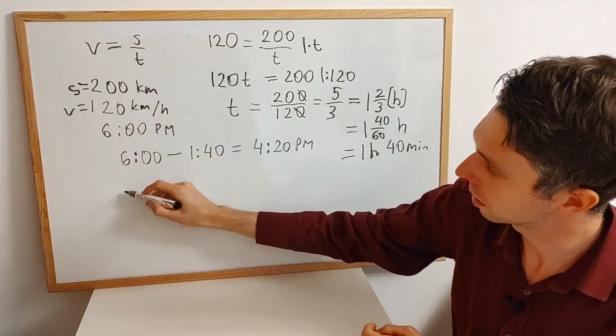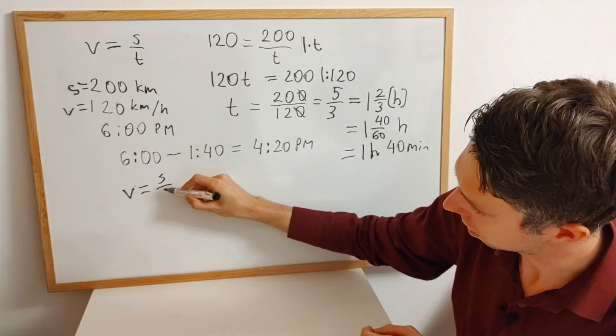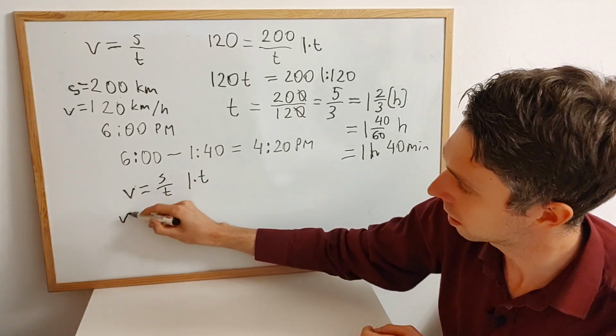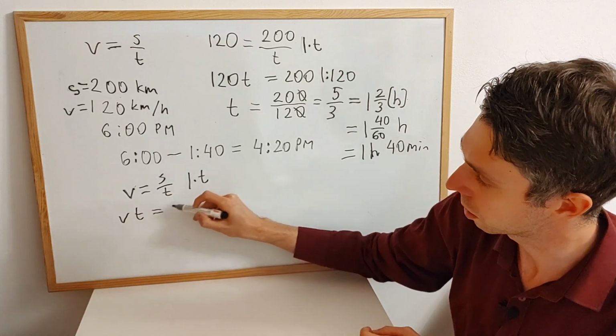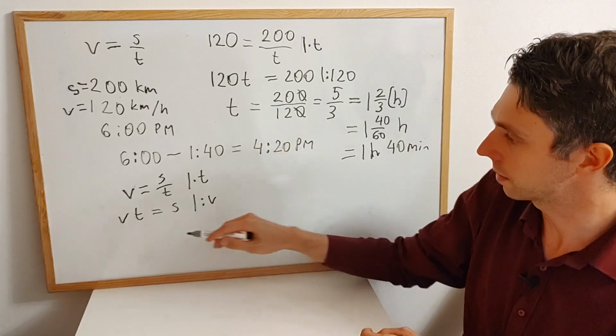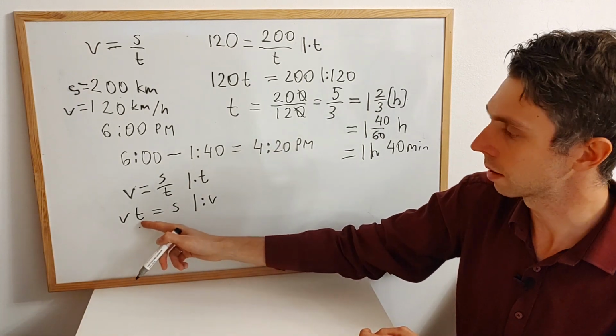So you start with v equals s over t, and you multiply this by t, so vt equals s, and then you divide by v, so that you can solve it for t.